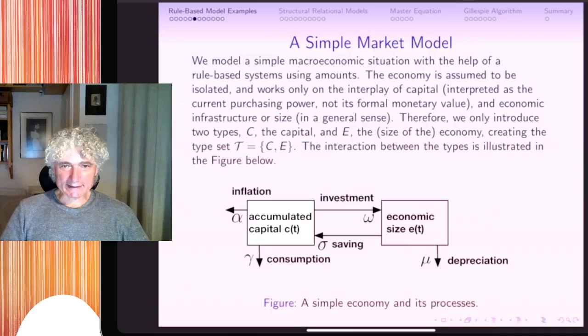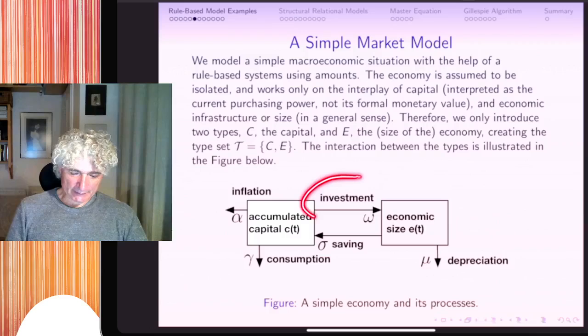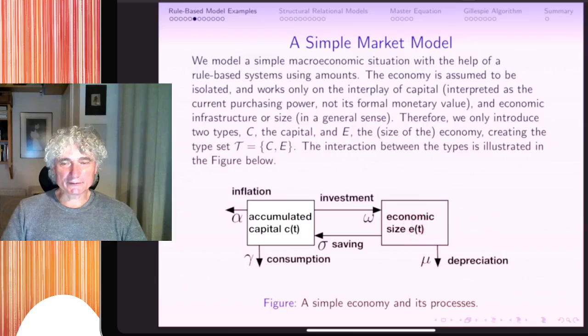Whether this is exactly what we are modeling here, I will have to leave open. But in any case, you have to invest into the economy. So there will be an arrow going from the capital to the economy, and this will be done by a certain rate, omega.